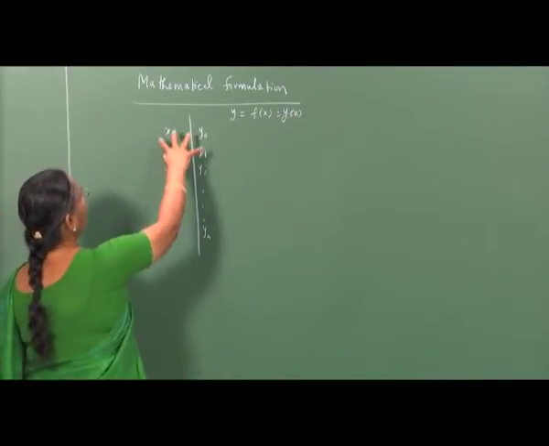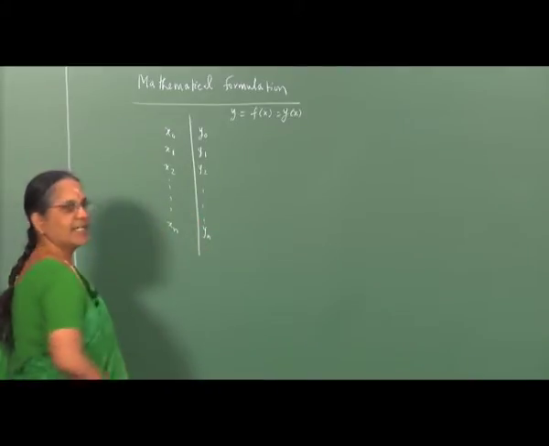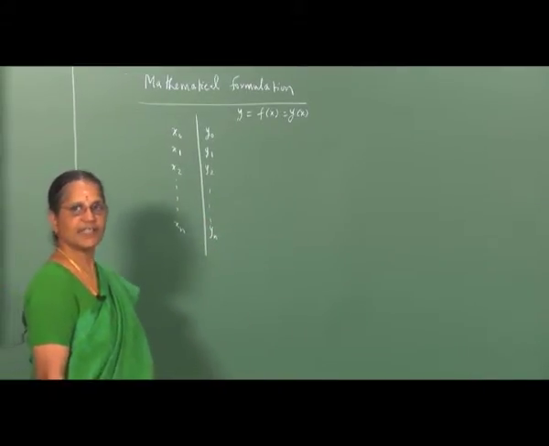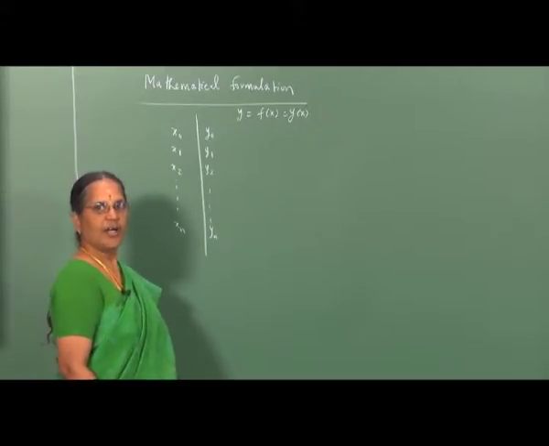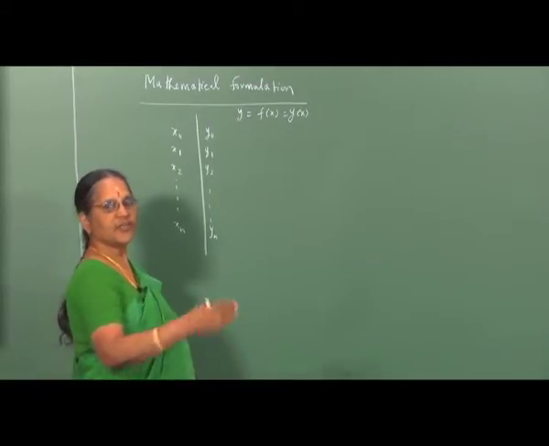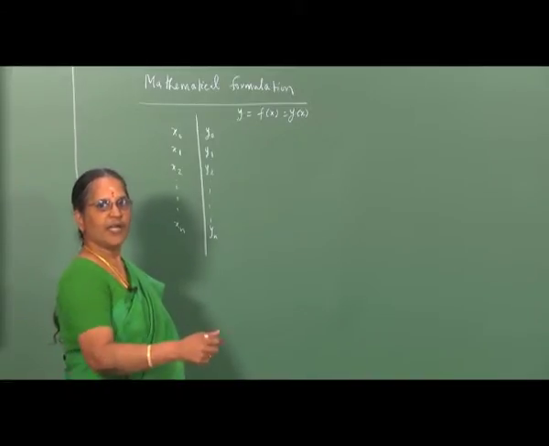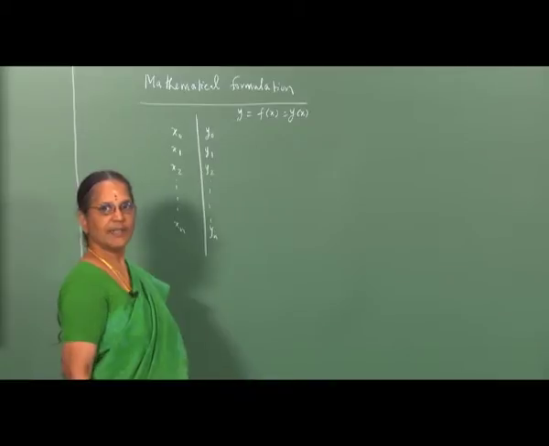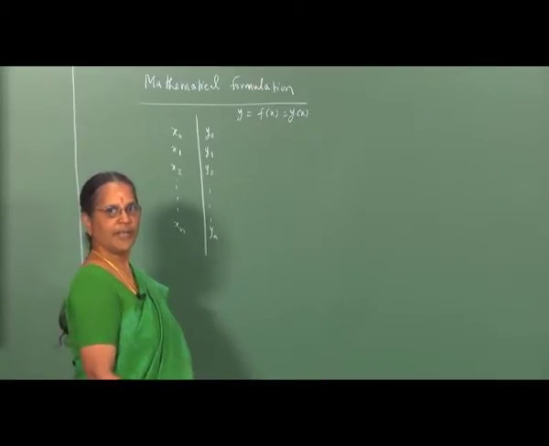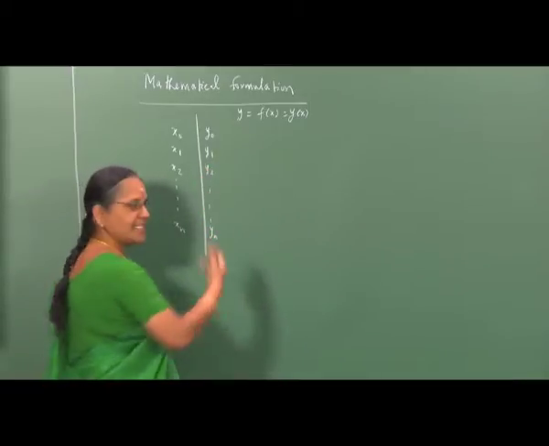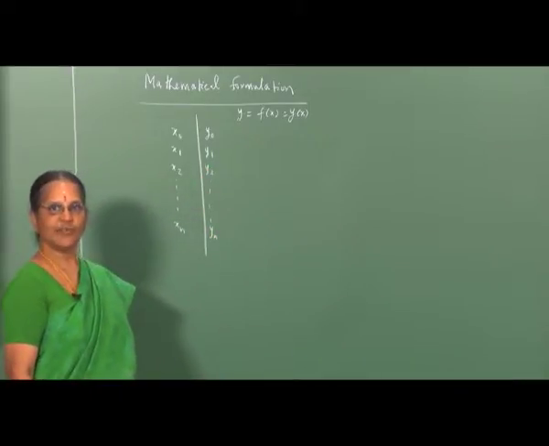Either the function values are given at these points and we do not know what the function is, we want to reconstruct the function f of x, or we know this function f of x in some closed interval and we would like to approximate this function say by a polynomial, in which case we choose some n plus 1 points and list the set of values xi, yi.